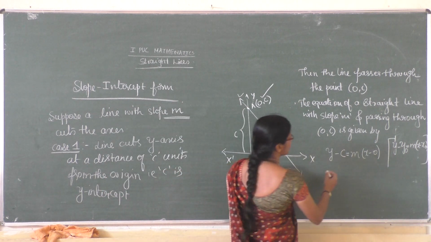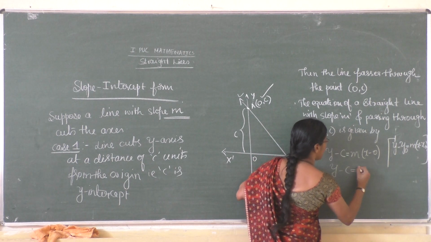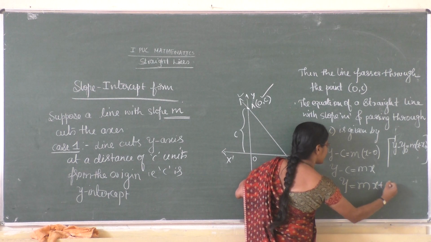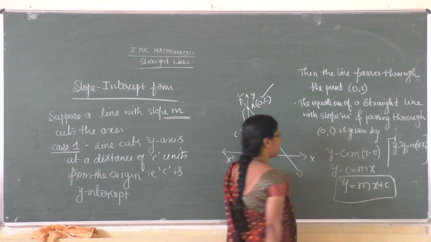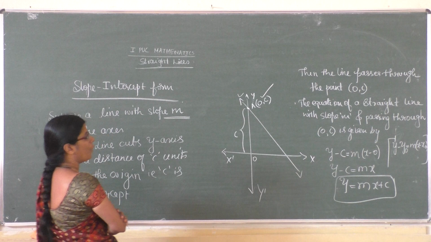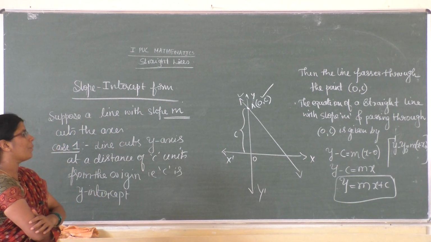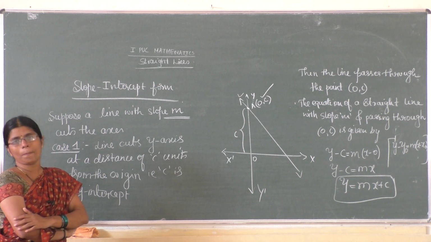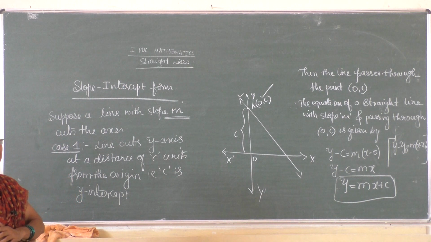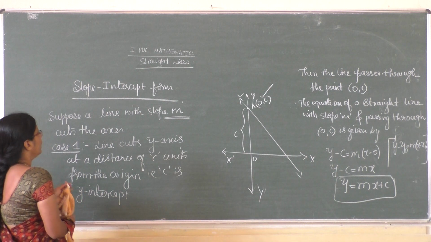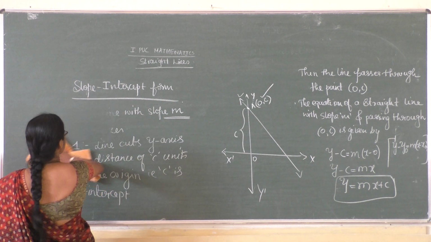So y minus c is equal to mx, so y equal to mx plus c. So here this is the equation of a line when a slope and y-intercept is given, okay. So now you take one more case, case 2.